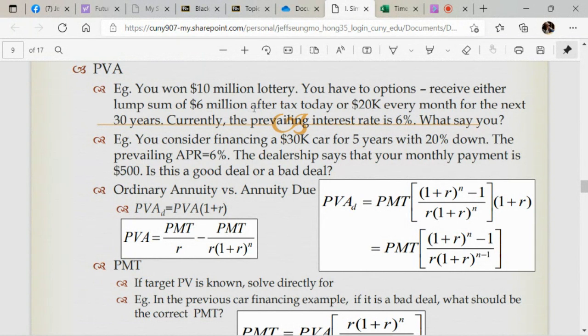And obviously, whatever they offer, you can tell whether it is worth what you are receiving as annuity, or not.